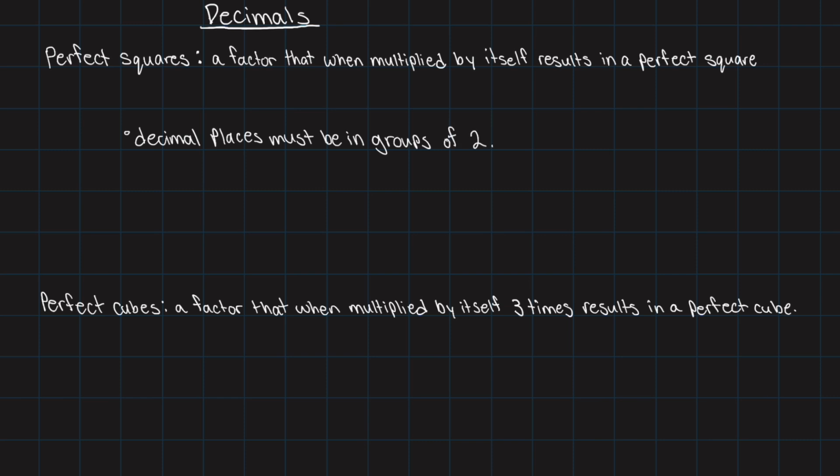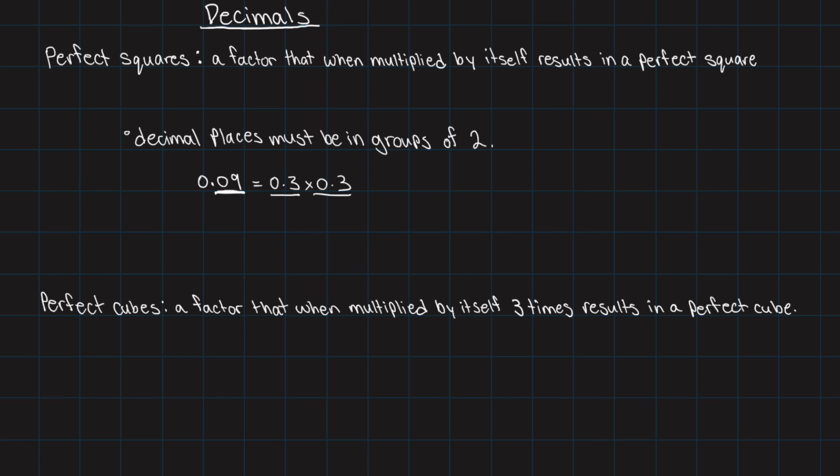So for example, 0.09, groups of 2, right? This is a perfect square because 0.3 times 0.3 gives you 0.09, and these are identical, so it's a perfect square.